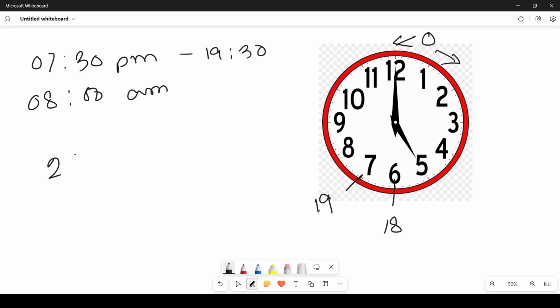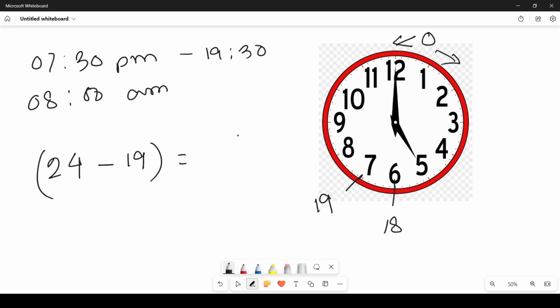So we need to subtract this evening time from this 24, because after this 24 a new day will start. So you need to subtract this 19 from 24 hours, right?